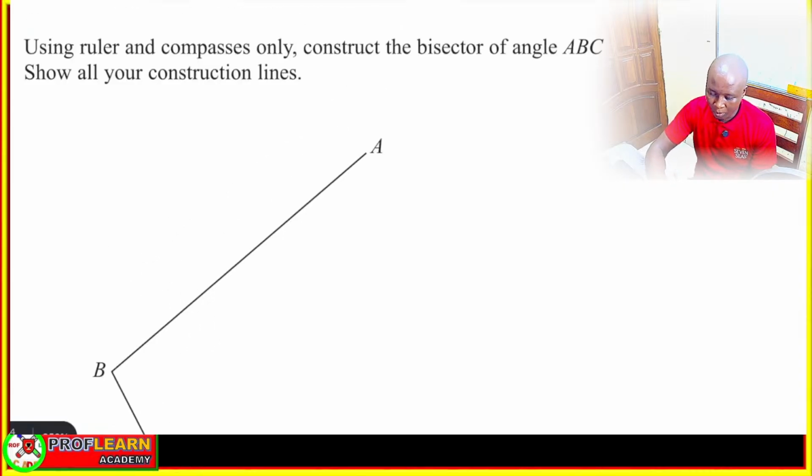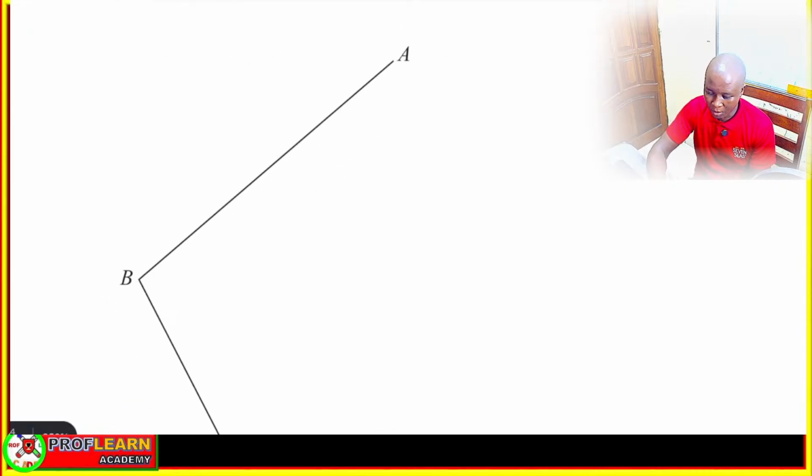So first you put your pointer at point B, you make an arc without changing the radius. Also from point B you make another arc. Then you transfer your pointer to this point. I'm just explaining what you do.